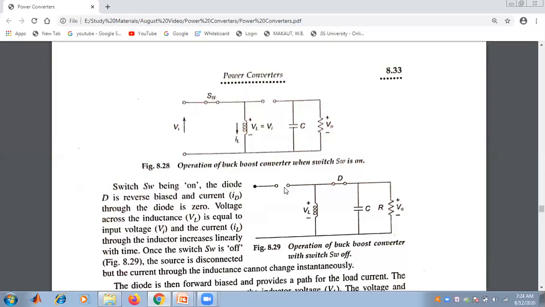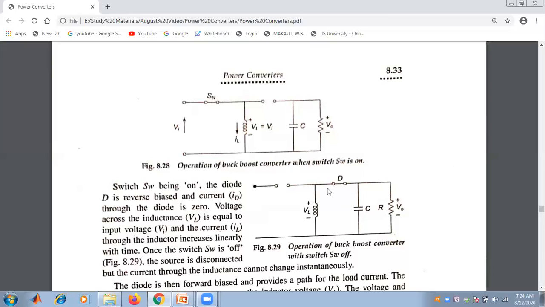But when the switch is opened, the source becomes disconnected, so it will make the diode forward biased. And we know that when a diode is forward biased, it acts as a closed switch. It is clearly seen in this figure that the diode is acting as a closed switch.